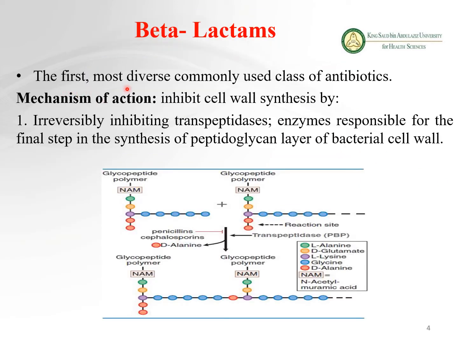These are the first and most diverse commonly used classes of antibiotics, and they have several mechanisms of action. They inhibit cell wall synthesis by irreversibly inhibiting the transpeptidase enzyme. Basically, this transpeptidase enzyme is responsible for the synthesis of the peptidoglycan layer, which is composed of many peptidoglycan polymers.